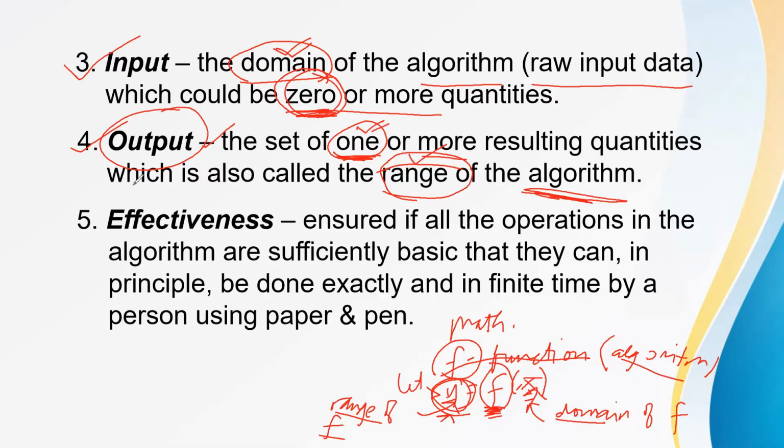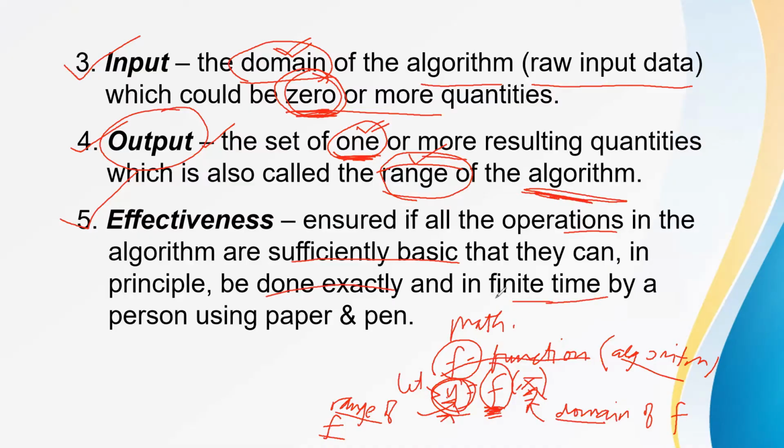And the fifth property is effectiveness. This means that we ensure that all the operations in the algorithm are sufficiently basic so that in principle they can be done exactly and in finite time, not infinite but finite.